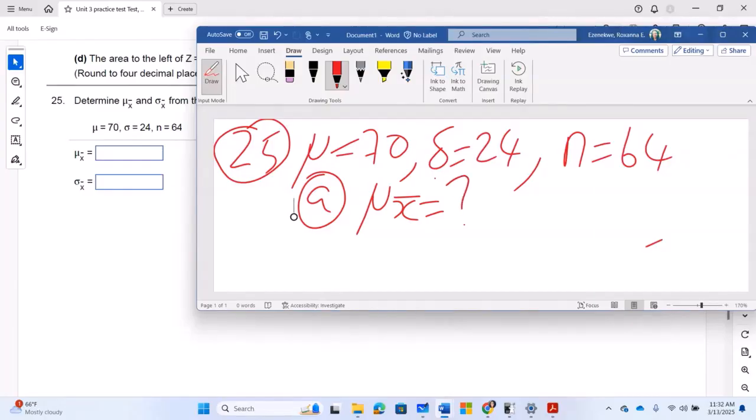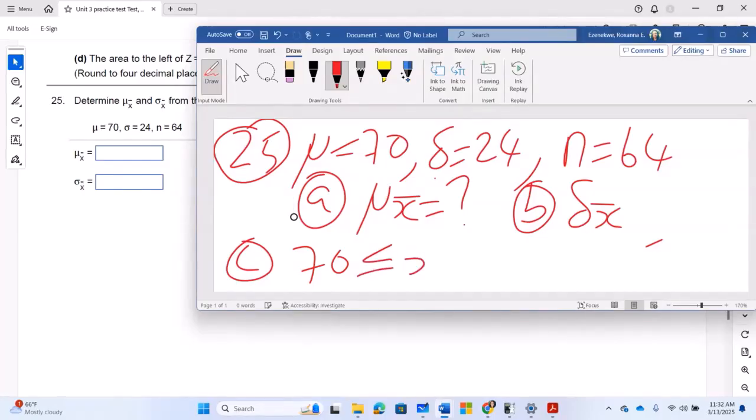The second question, B, is to find the standard error. The third question, C, is to find the area for the random variable x bar between the mean and 81, that is, the mean less than or equal to x bar less than or equal to 81. In other words, find the area between 70 and 81.